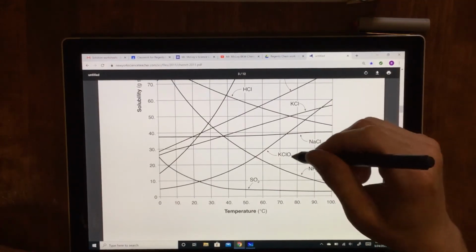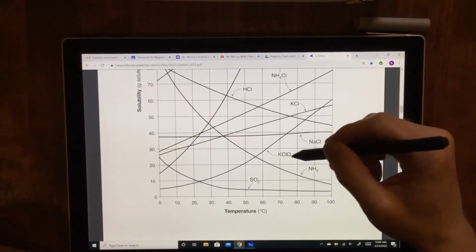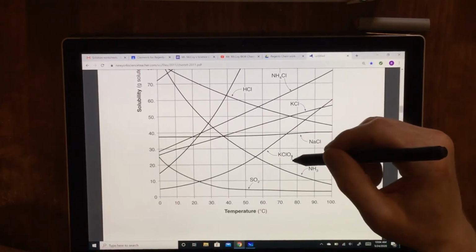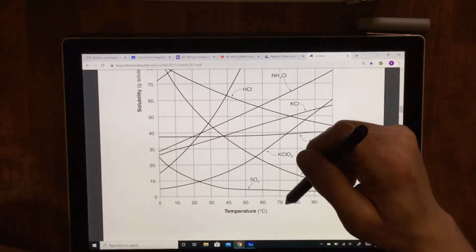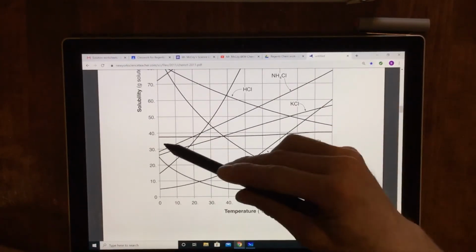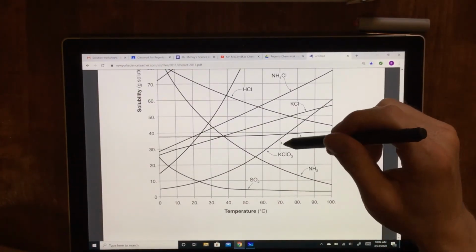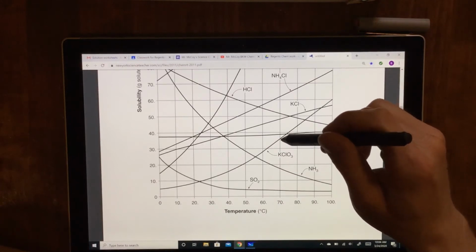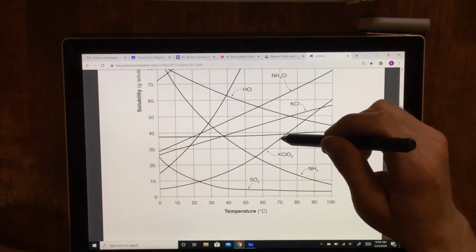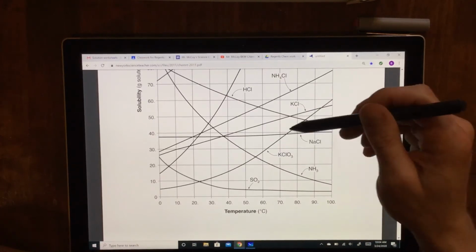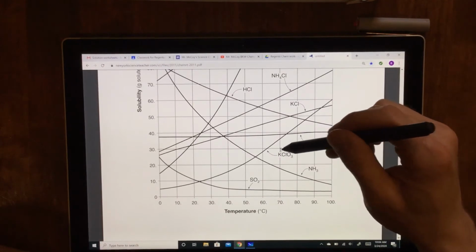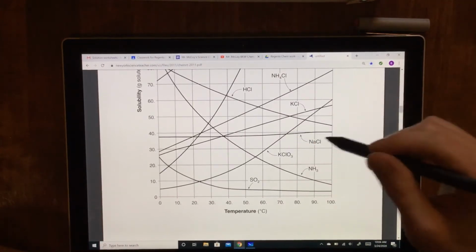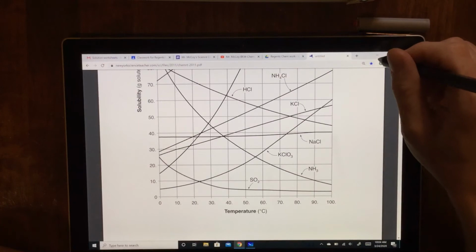So if I want to make what's called a saturated solution of KClO3, and I know I have 100 milliliters of water, and I know the water is 70 degrees, I need to add 36 grams of KClO3. 36 grams is exactly on that line. I cannot add any more. If I add any more, I'll be above the line and it won't dissolve. If I add any less, that's called unsaturated. It will all dissolve and I can still add more.